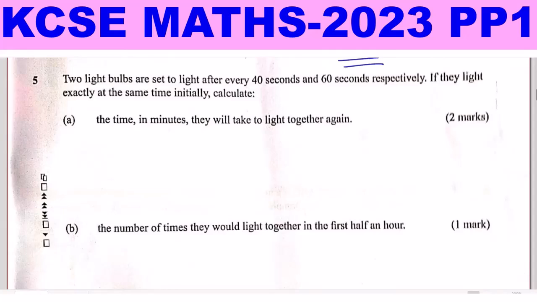These bulbs are set to light after every 40 seconds and 60 seconds. So to get the time they will light together again, we simply get the least common multiple of 40 seconds and 60 seconds. That will give us the time in seconds that it will take to light together again. So let's get the LCM of 40 and 60.